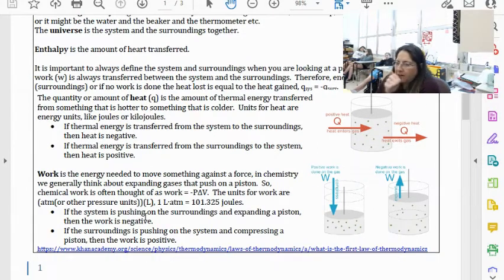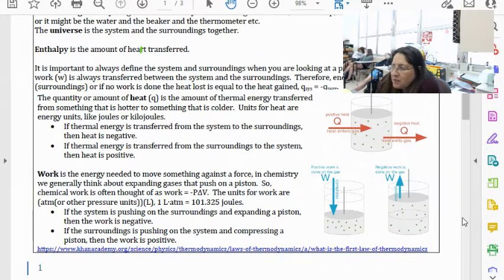Enthalpy then is the amount of heat, not heat that is transferred. And it's just a fancy term that they use for heat. Okay. When we look at heat, we're looking at work that's being transferred between the system and surroundings.